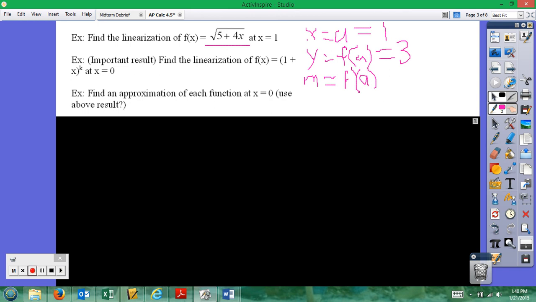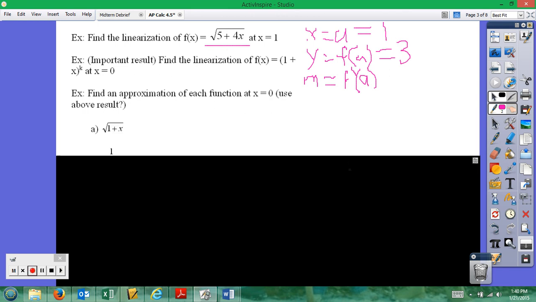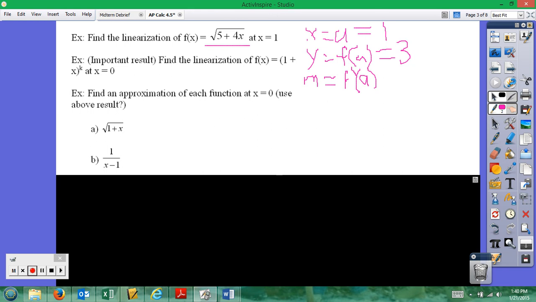And for f prime of a, well, I need a derivative. So I'm going to take the derivative of square root of 5 plus 4x. So I'm going to picture that as to the 1/2 power. Bring down the power. Reduce it by 1. So it would be negative 1/2. Multiply by the derivative of what's inside, so multiply by 4.